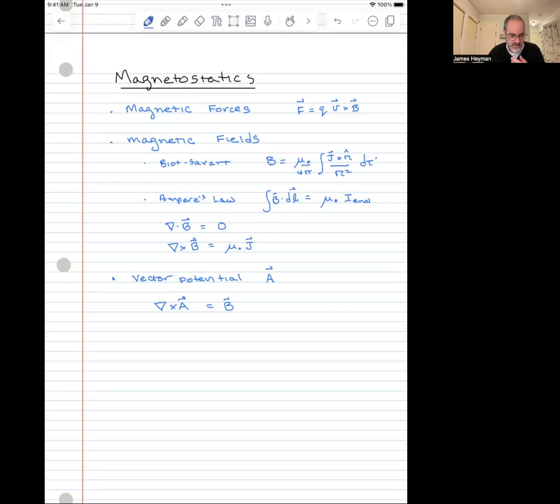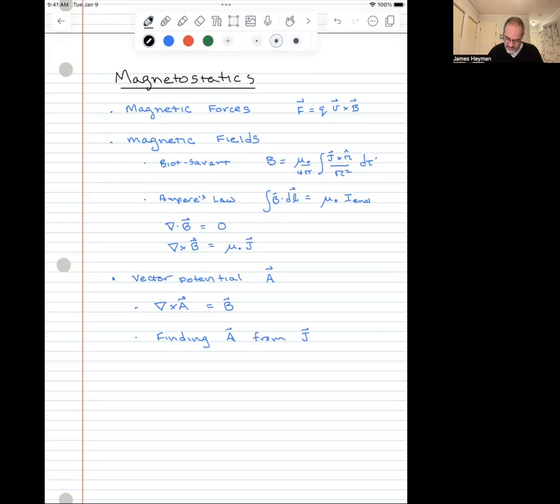That's how it's defined. And we learned how to find the vector potential from the current. We'll talk about that again in just a second.